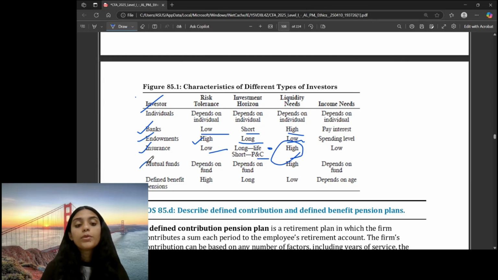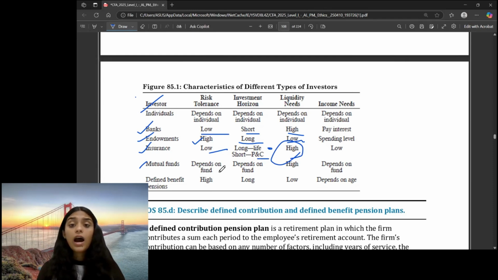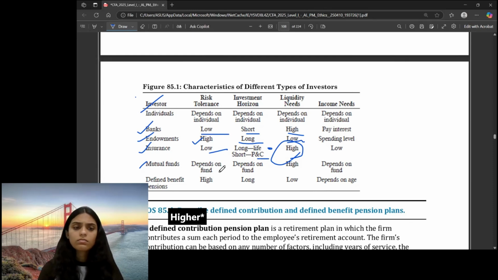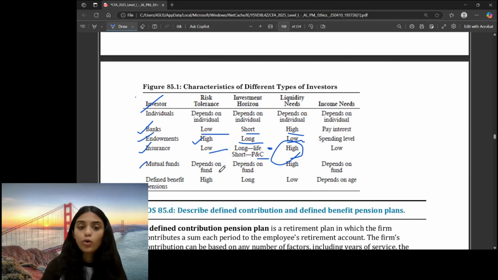Mutual funds. Mutual funds, as we all know, are a group of funds where the fund manager invests in different types of assets. Risk tolerance depends upon the fund. Obviously, if it is a high risk fund, then the risk tolerance will be higher, and if it is a low risk mutual fund, then the risk tolerance will be lower.